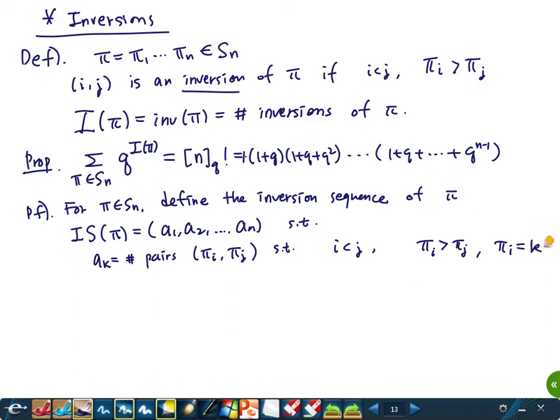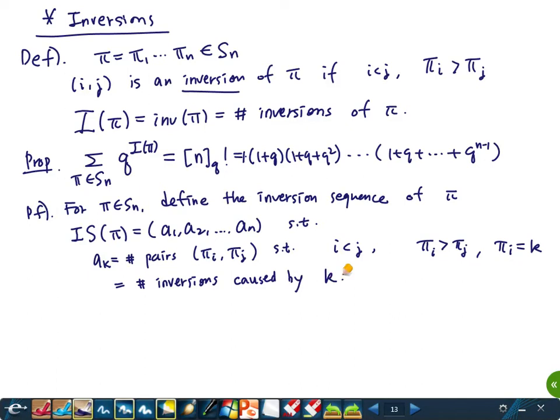What does that mean? In other words, you can think of it this way: the number of inversions caused by k.